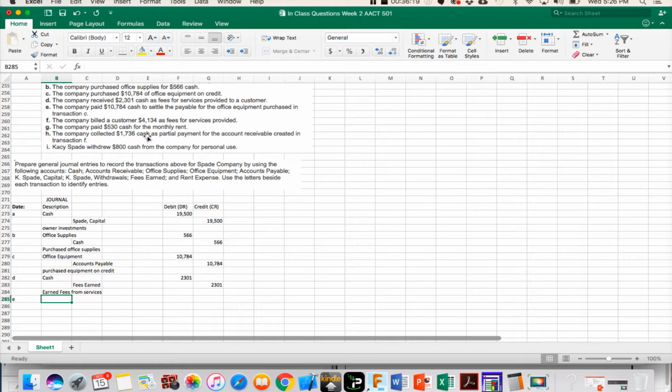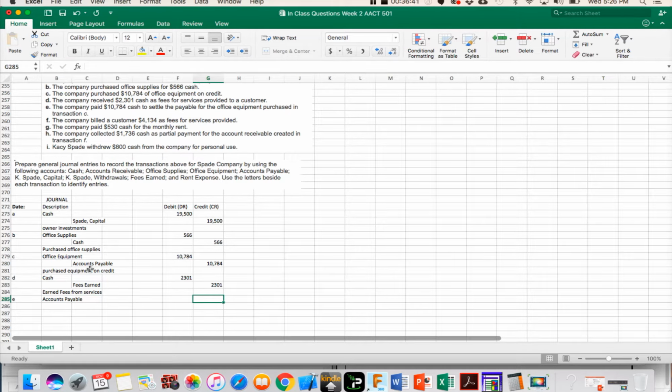Company paid cash to settle the payable. Basically, we're paying off this payable that we had here. So what do I want to happen here? I want my accounts payable to go down. So I'm going to debit that. And that is essentially wiping it off of my books. In accounting, you don't ever erase something from the books.